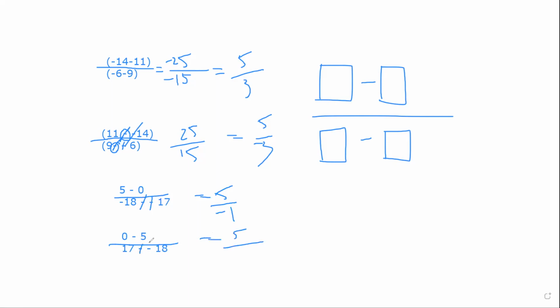This becomes my keep, change. I forgot another minus sign. Negative 17 plus 18 now gives me positive 1. I paused for a minute because, wait a minute, I'm supposed to be getting one of these numbers as negative. Should have been the first one on the top, 0 minus 5. I should have written negative 5 there.